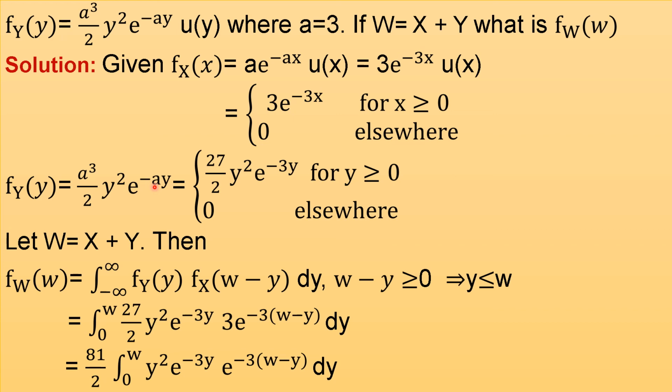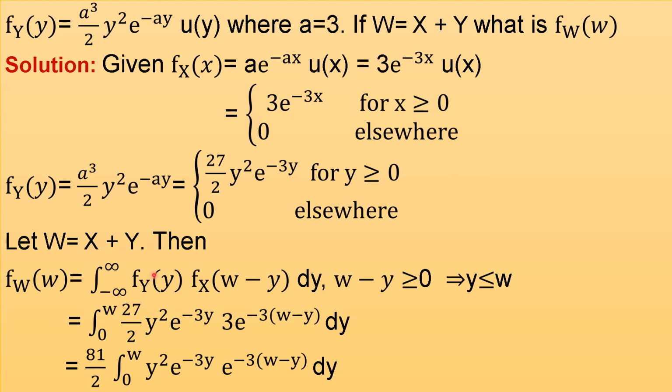W is the sum of these two independent random variables X and Y. So the probability density function f_W(w) is the convolution of the probability density functions of X and Y. So f_W(w) will be the integral from minus infinity to plus infinity of f_Y(y) into f_X(w minus y) dy.